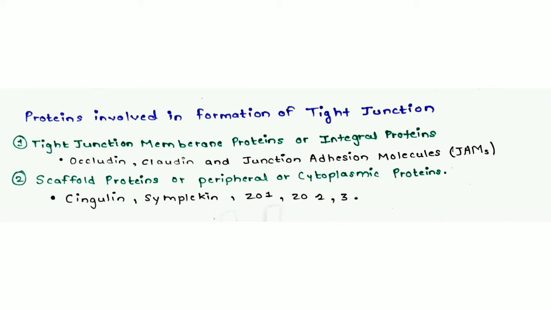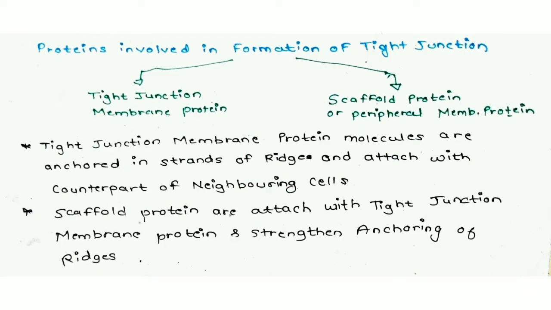And the second type is the scaffold protein or peripheral membrane protein or cytoplasmic protein, such as cingulin, symplekin, and ZO-1, 2, and 3. Tight junction membrane protein molecules are anchored in the strand of the ridge and attached with the counterparts of the neighboring cell so that the cells are held together. The scaffold proteins are attached with the tight junction membrane protein and strengthen the anchoring of the ridges.